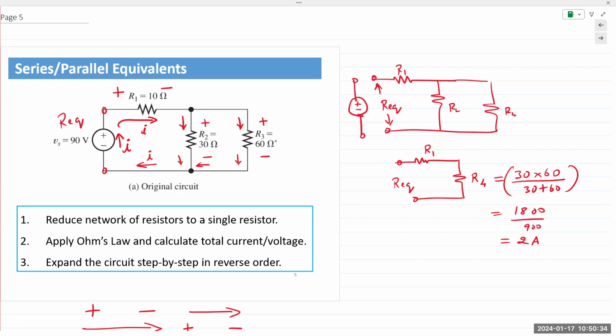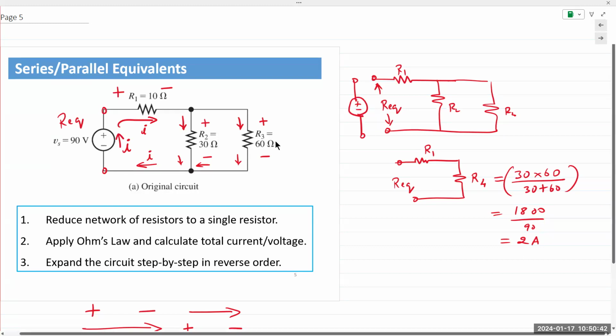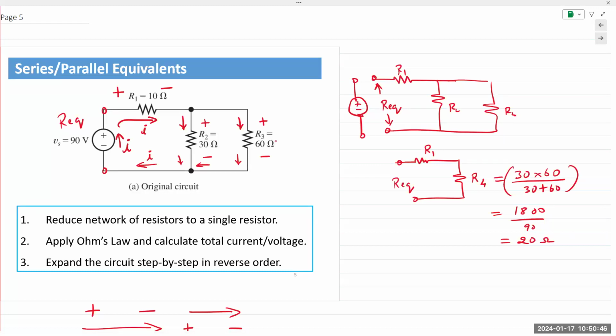Is that right? 30 plus 60, 1800 by 90. Oh, 90. 20 ohms. Someone do this on a calculator and let me know if I'm correct.